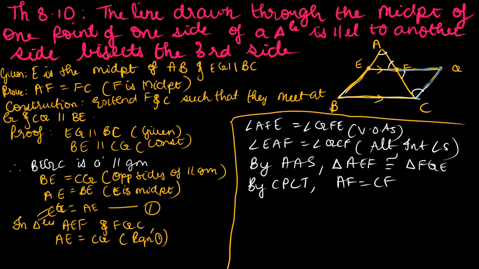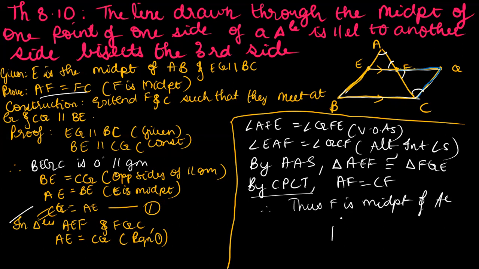So that's why I did all these steps before saying in triangles AEF and FGC. Clear? So by CPCT now I can see that AF is equal to FC, and therefore what we had to prove in the question, AF is equal to FC. This is what we had to prove. So therefore, thus F is midpoint of AC, and proved.